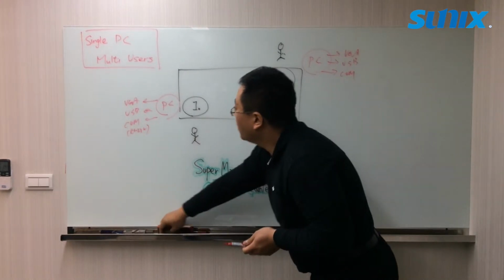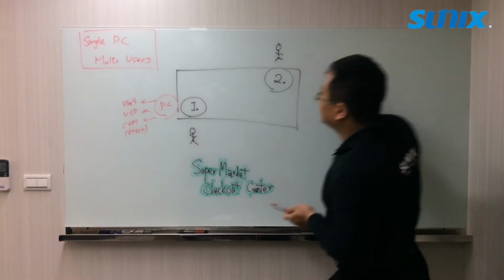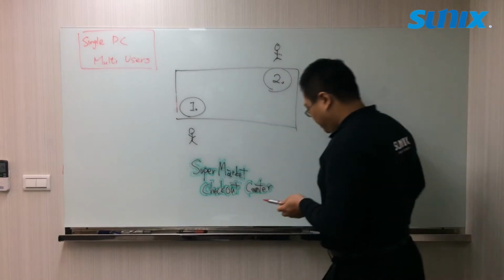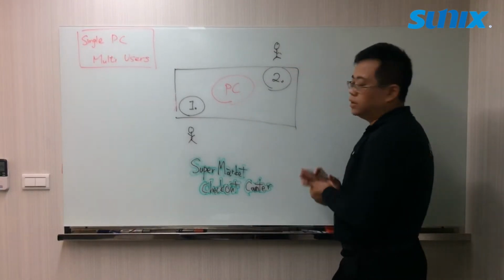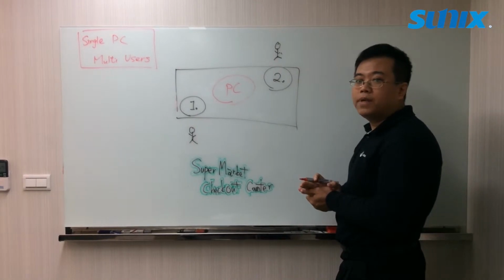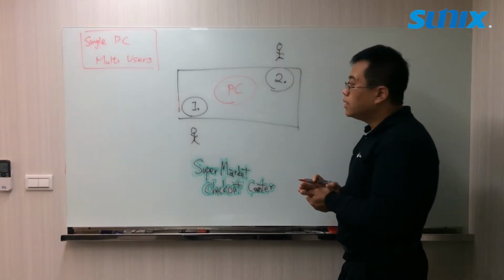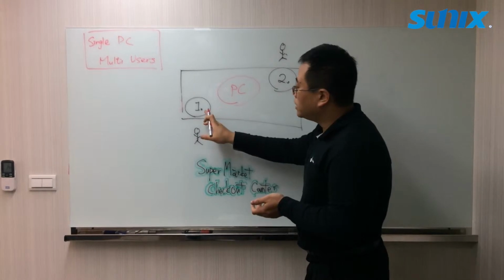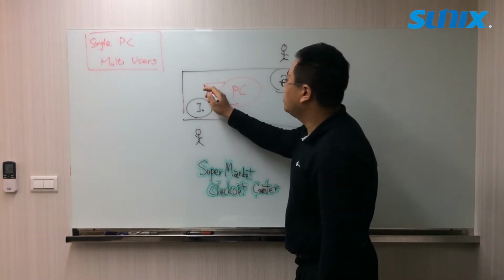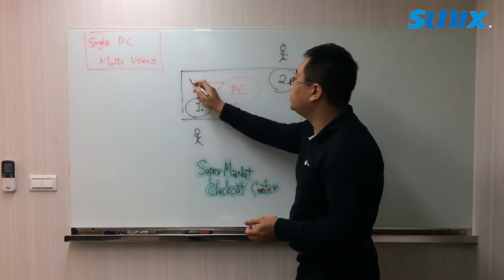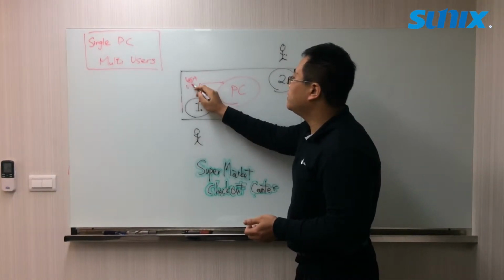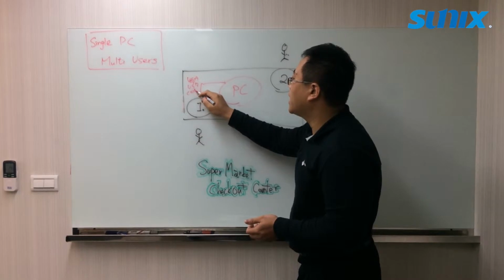So we will save one PC structure. The structure will be here. We will put the PC in the middle of the checkout counter. Only one PC desktop. And the first user can use the original PC resource, including the VGA port, USB port, and a COM port, as usual.